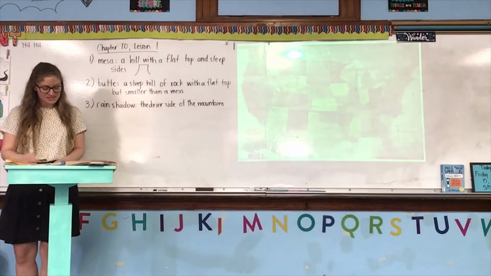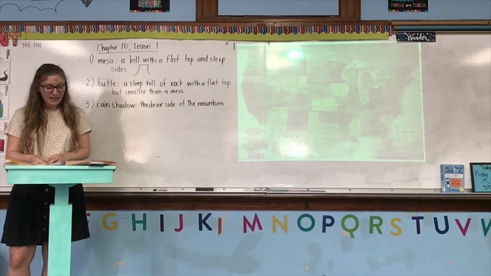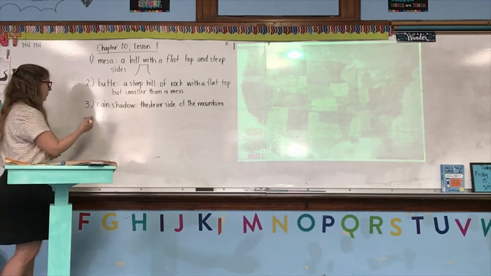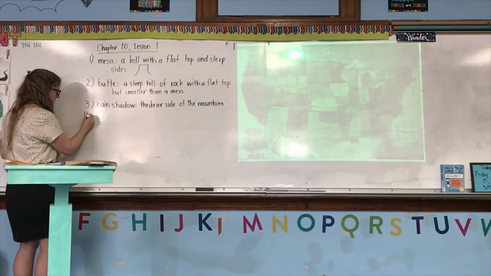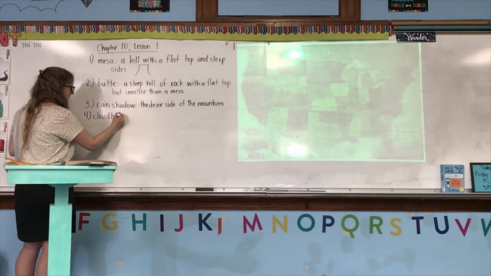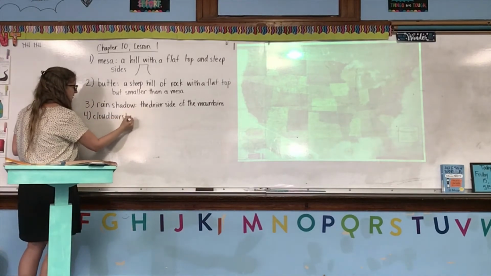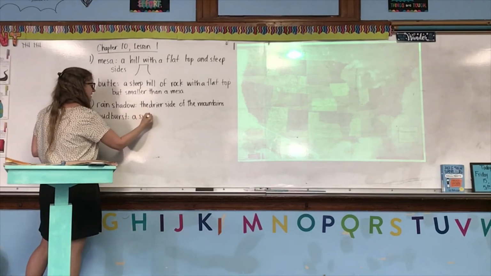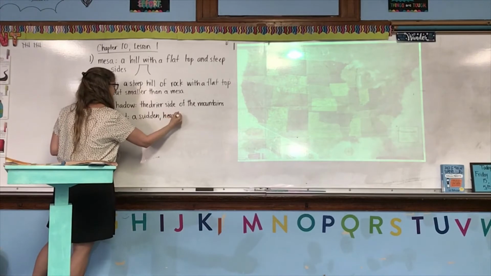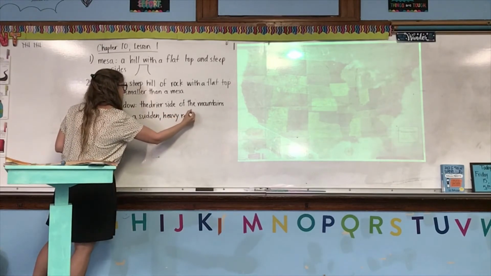When rain comes to the desert, it often comes in a cloudburst or a sudden heavy rain. So number 4 is the word cloudburst, which is a sudden heavy rain.